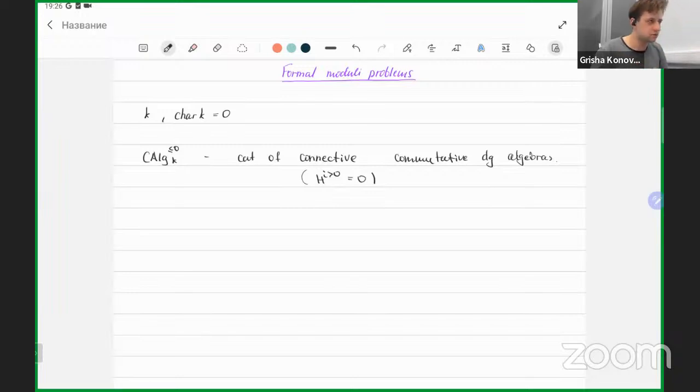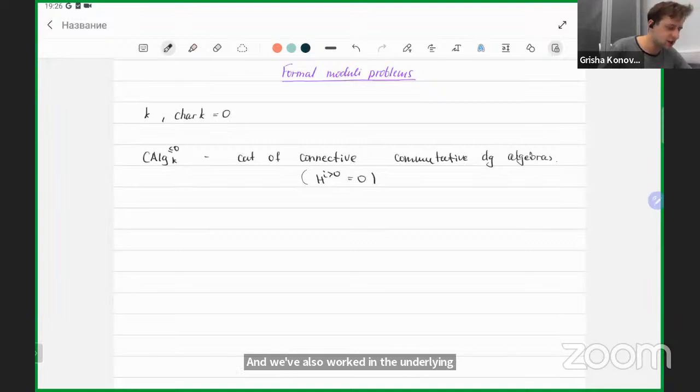And we also worked in the underlying infinity category, which was this category with the quasi-isomorphisms inverted. And we denoted it with a fancier font.